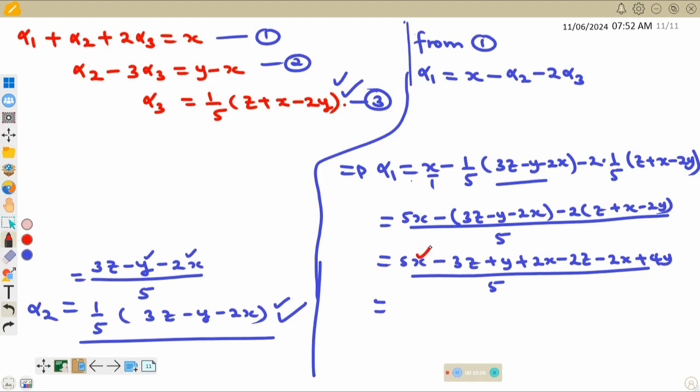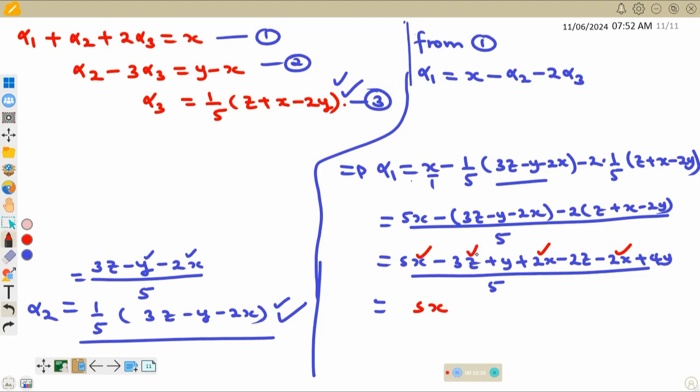So as we simplify this, this will be 5x plus 2x minus 2x. So when we get 5x plus 2x, that will be 7x minus 2x, it will be 5x.